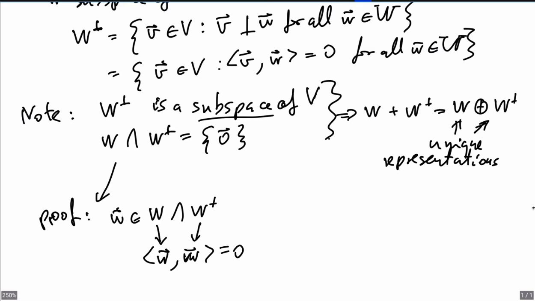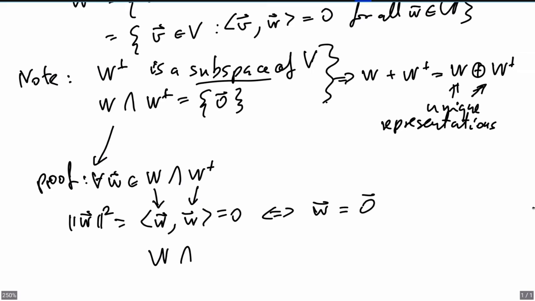So the vector is perpendicular to itself. Or another way to say this is that the norm squared of the vector is 0, so the length is 0. And this is the case if and only if w is the 0 vector. So that shows that for all w in the intersection, w equals 0. And that's exactly what the claim that W intersection W perp is just the 0 vector set means.